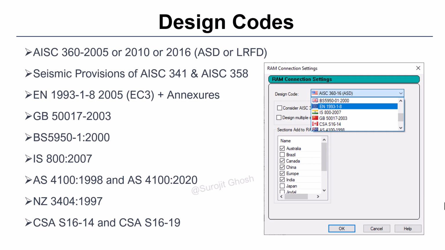Most of the major design codes used in any structural project are available in RAM Connection. For American code, different versions of AISC 360-16, 10 and 05, both LRFD and ASD methods are available, along with AISC 341 and 358, which are used for seismic provision check.